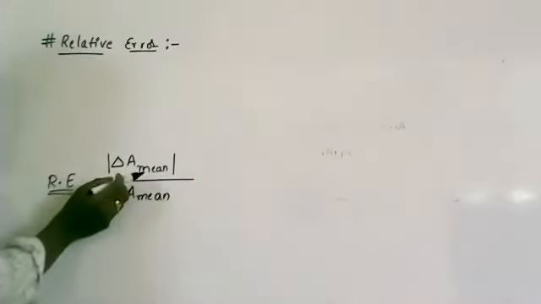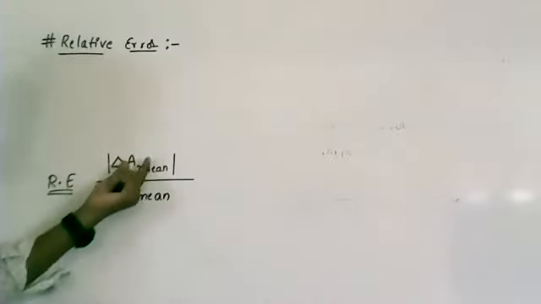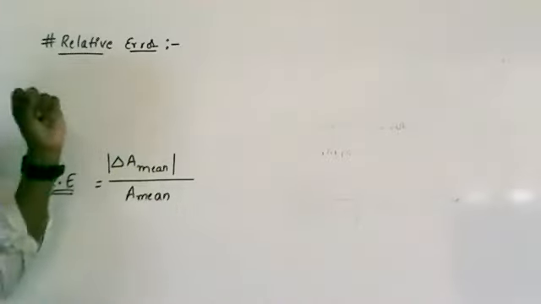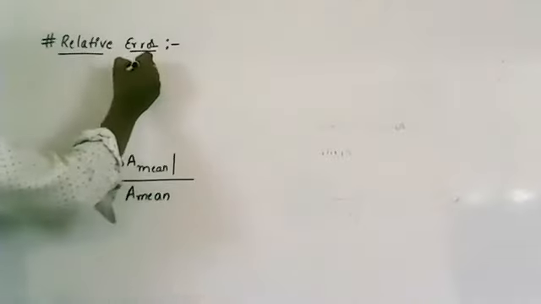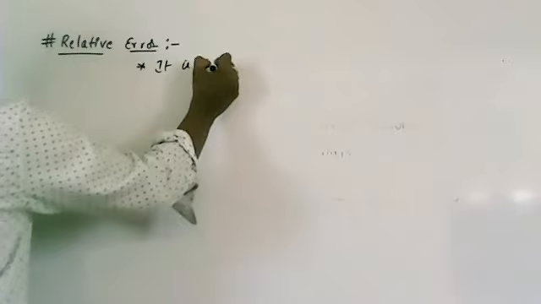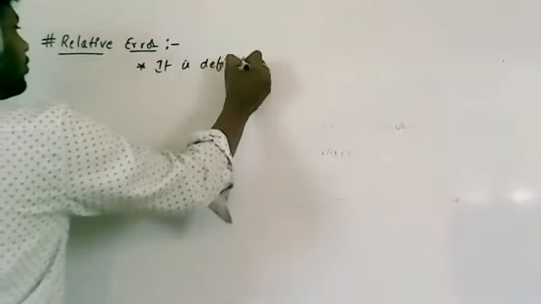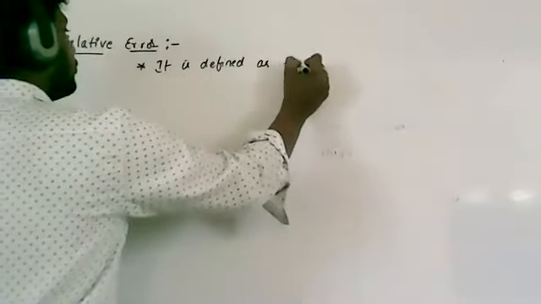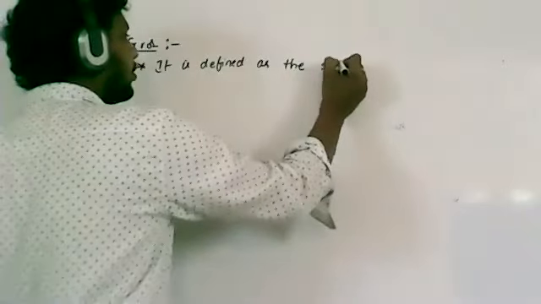So what do you mean by relative error? It is defined as the ratio of mean absolute error to the true value or mean value. Now I'll write the definition.